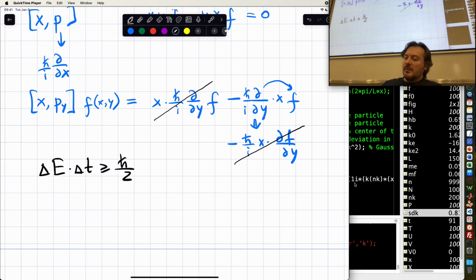Incidentally, what is the unit of h bar? Angular momentum, but also action, right? Joules times second.